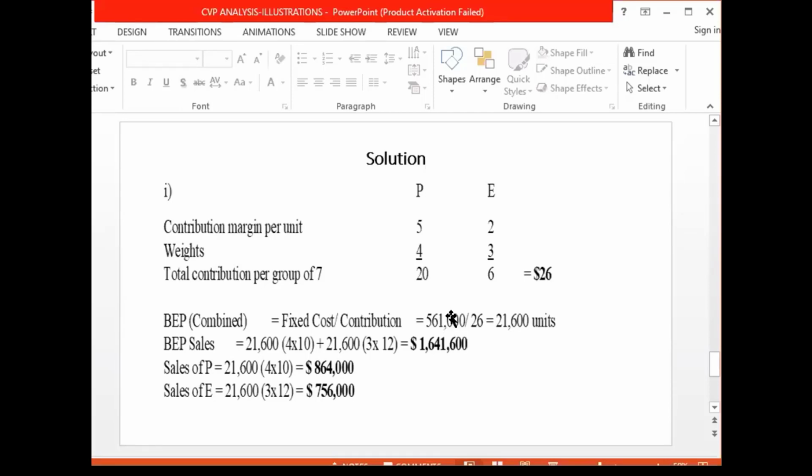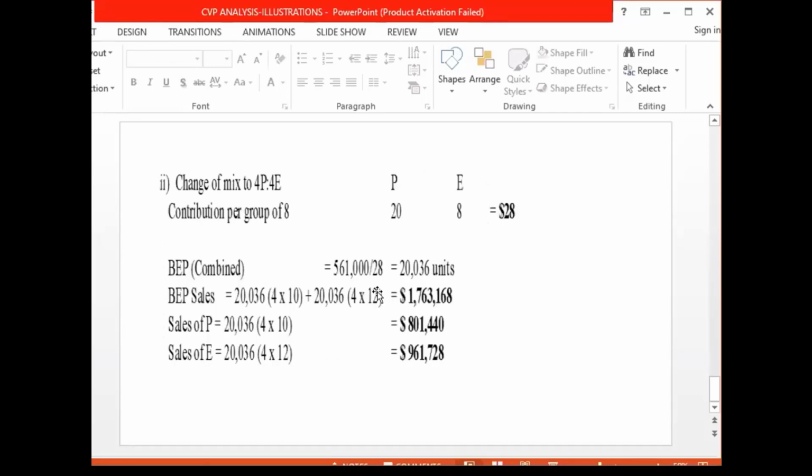But this one, if you take 561,600 divided by 28, it should give you 20,057. So this one is wrong. 20,057.